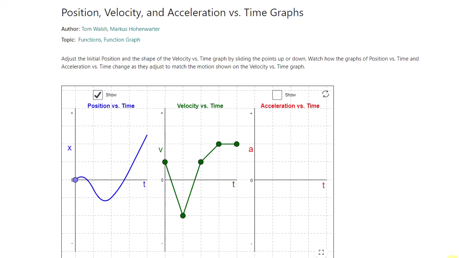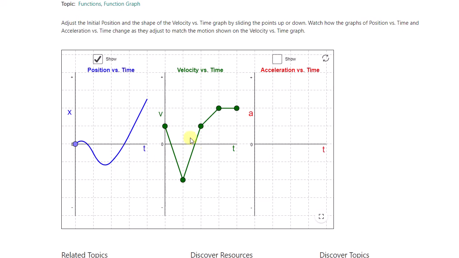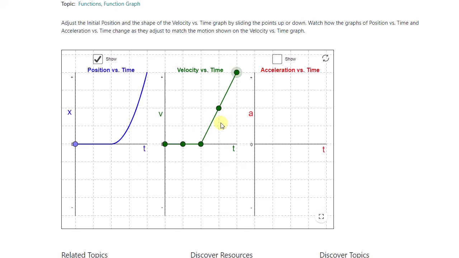To start with, I'm just going to get rid of the acceleration. We'll talk about what's happening with acceleration afterwards. So let's start off with the velocity, all of it at zero at the start, and then a bit of a positive velocity and a very positive velocity. I'll talk about negative in a minute.